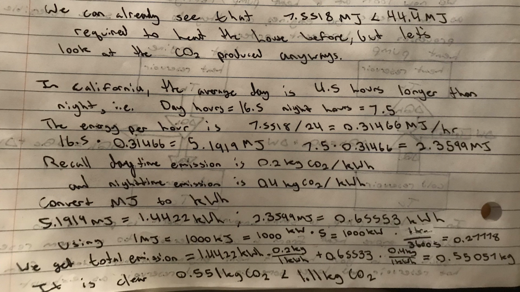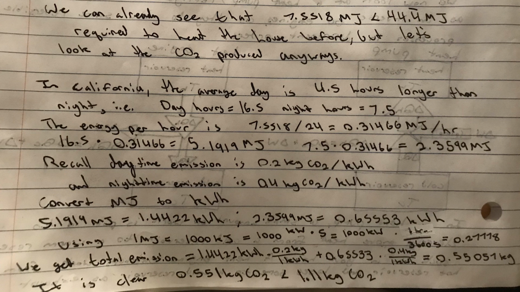In the daytime, we produce 5.1919 megajoules, and in the nighttime, we produce 2.3599 megajoules. We can easily convert megajoules to kilowatt hours because a watt is a joule per second. So all we have to do is a unit conversion. And what we get is that we have 1.4422 kilowatt hours during the day and 0.65553 kilowatt hours during the night.